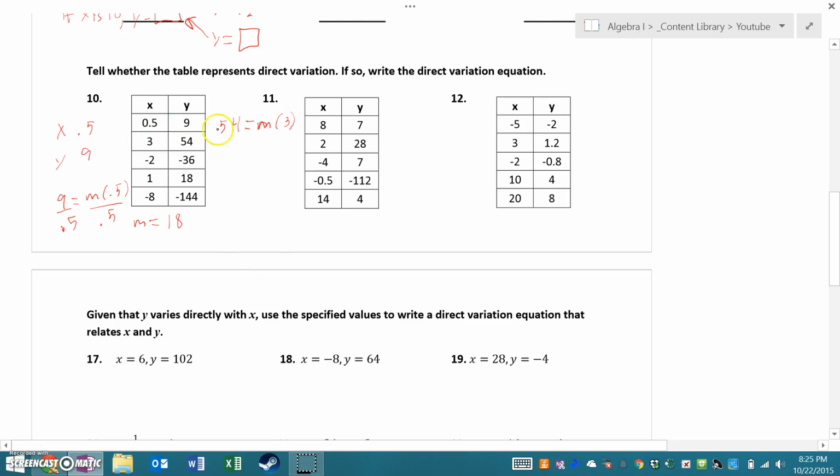So there's my y value, there's my x value. And what do you know? The slope equals 18. There we go. That would prove that this is a direct variation. Once you have the slope, you can write out the equation without much trouble. So there's your direct variation video.